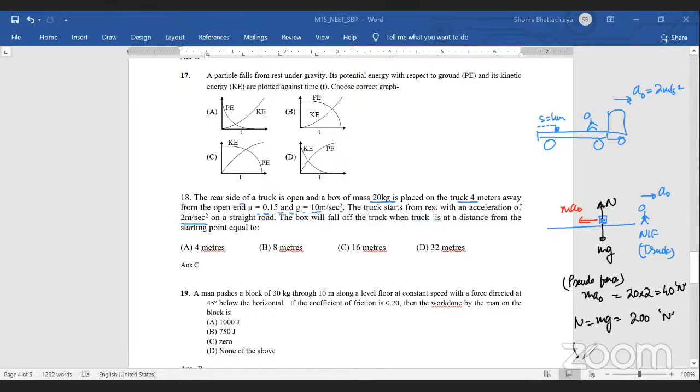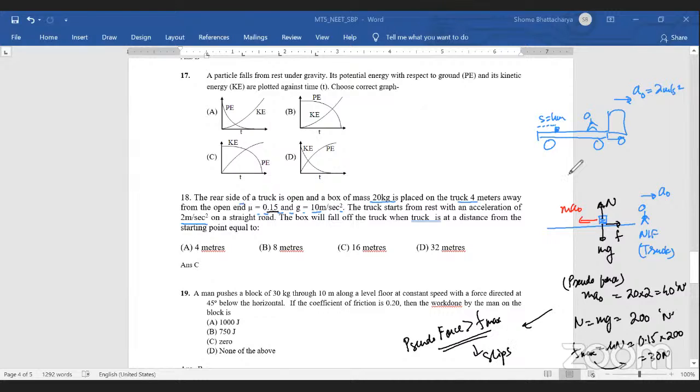Now we can see that the maximum friction available is 0.15 into 200, so it is only 30 newtons. So that means my pseudo force is greater than the maximum friction available. So the block slips.